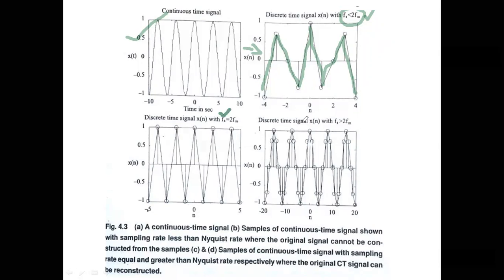Now in the second case you have selected fs equal to 2 into fm, and in the last case you have selected a sampling rate greater than 2 into fm. In both cases, after getting the sampled data, in order to get the original data, you should reconstruct the data using the samples. In both cases, the samples look like the signal we have given. So x of t is a sinusoidal wave.